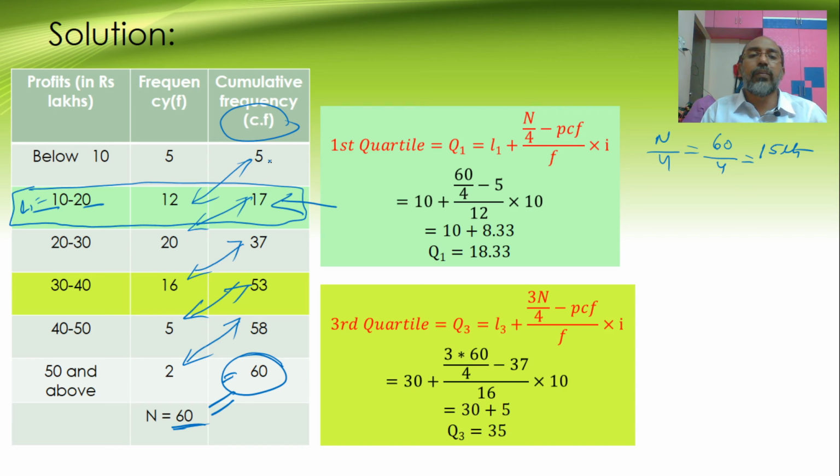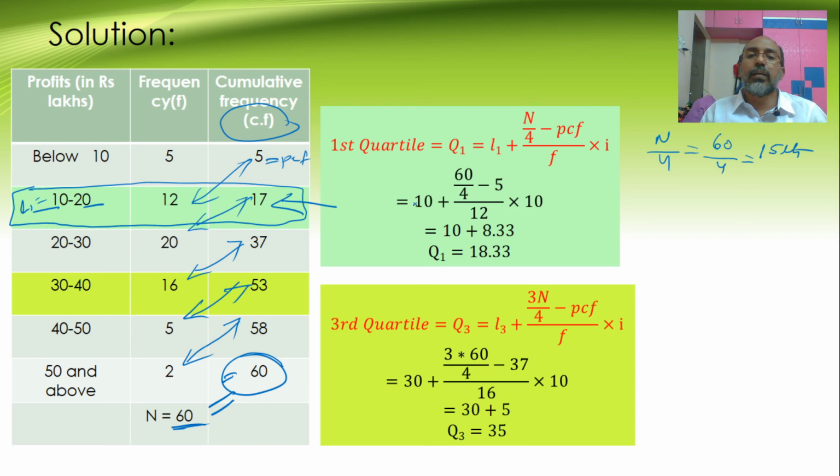It is for this calculation only, not for all calculations. So this is 5, and 60 by 4 minus 5, or you can straight away write the 15th item as it is already calculated.